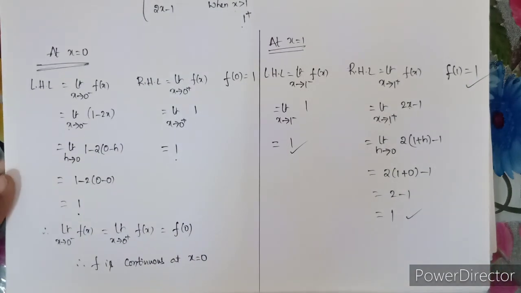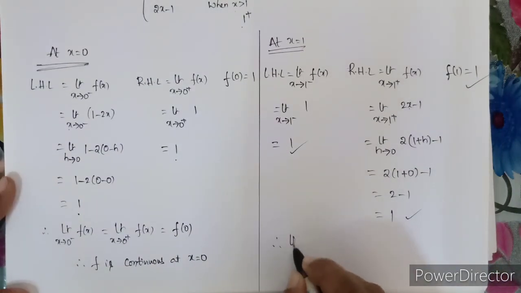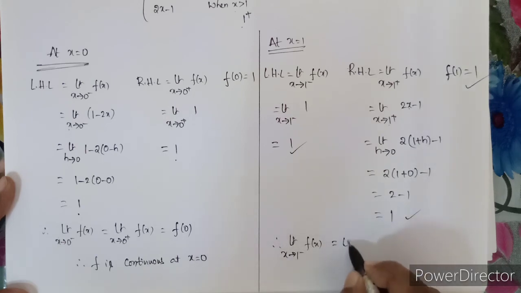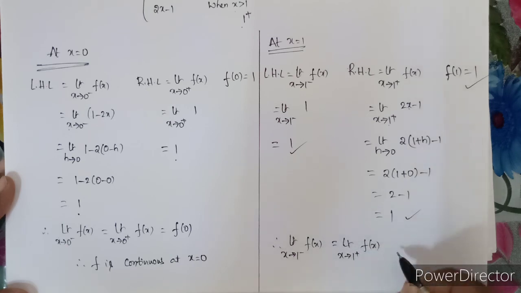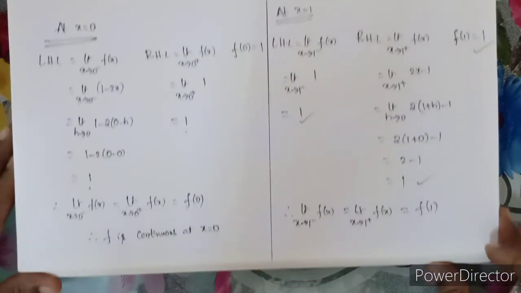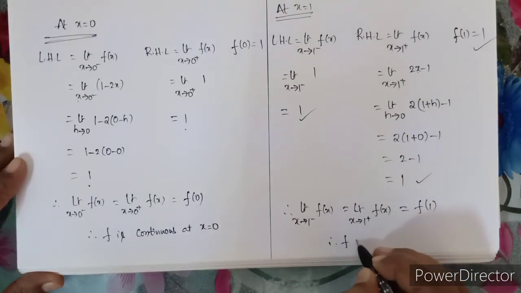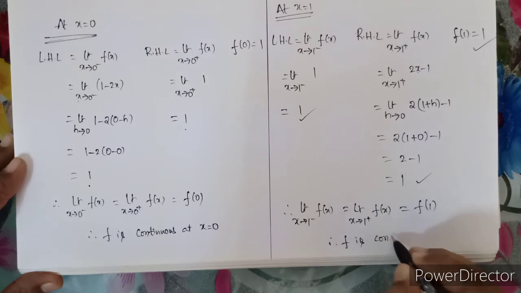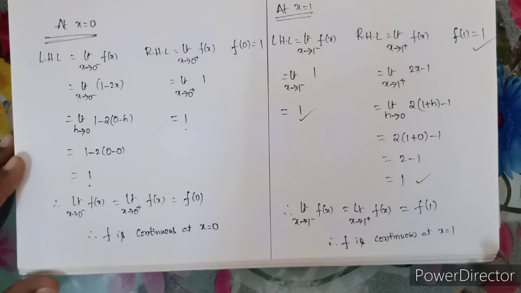Therefore, left-handed limit of f of x at x equal to 1, right-handed limit of f of x at x equal to 1 equal to f of 1. All these three are equal. Therefore, f is continuous at x equal to 1.